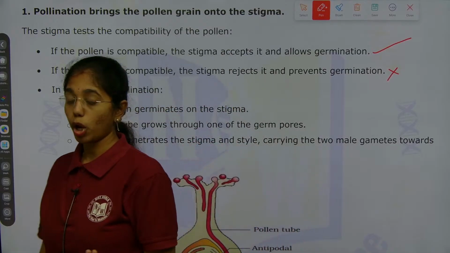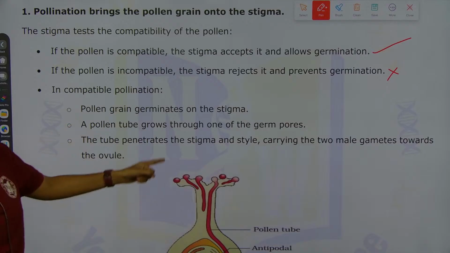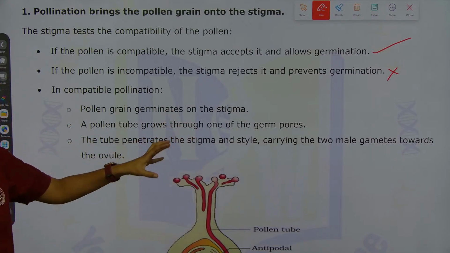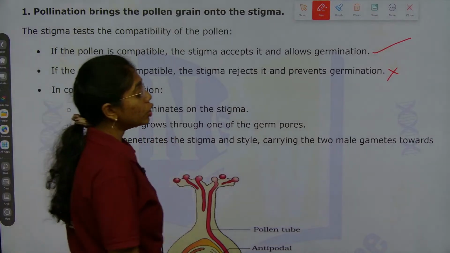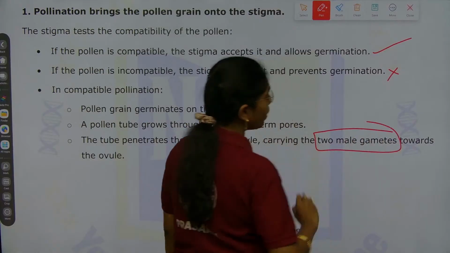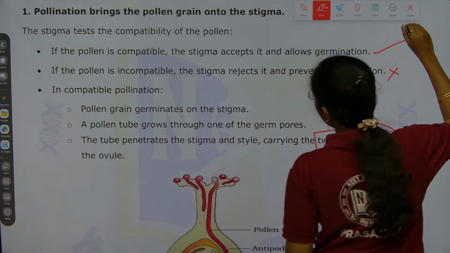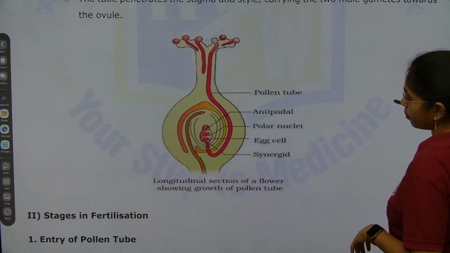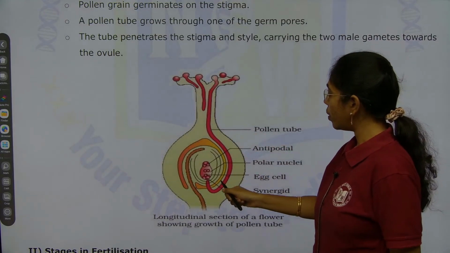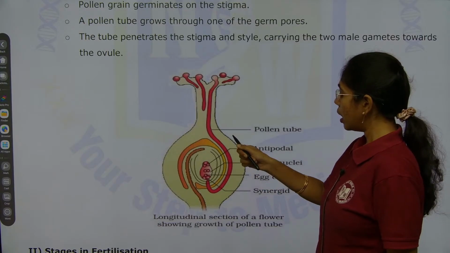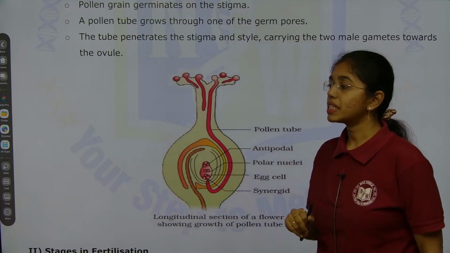The pollen grain germinates on the stigma, the pollen tube will grow through one of the germ pores and the tube penetrates the stigma and style, carrying the 2 male gametes towards the ovule. Okay, so here we go with the diagram. In this longitudinal section you have a pollen tube with antipodals, synergids and egg cell, the embryo sac is given, ovule is given and the complete pistil is drawn.